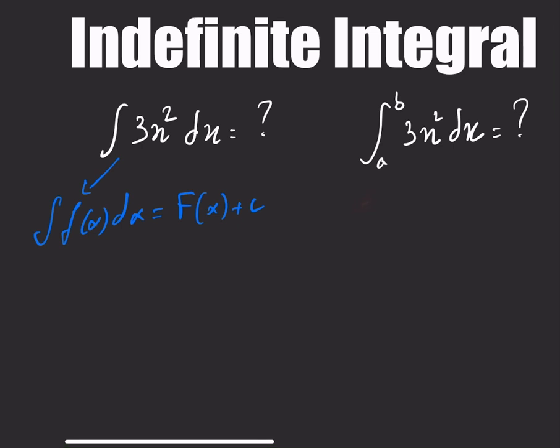If you take the integral from a to b of f of x dx, it is equal to F of b minus F of a, and this is a number. This is not a function.